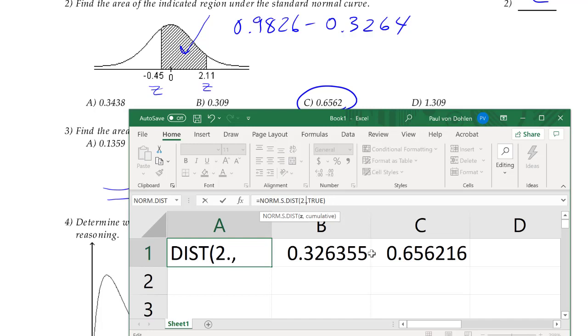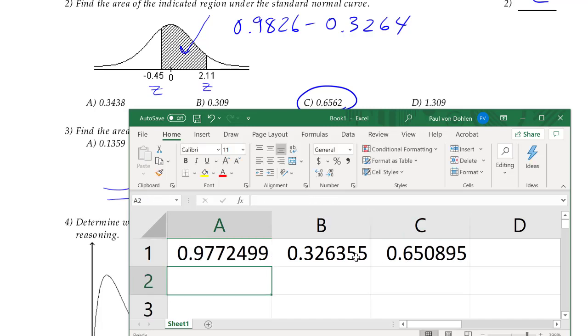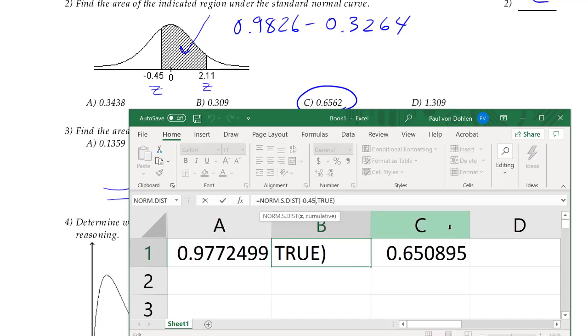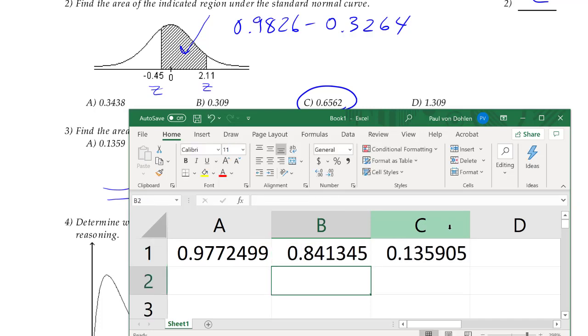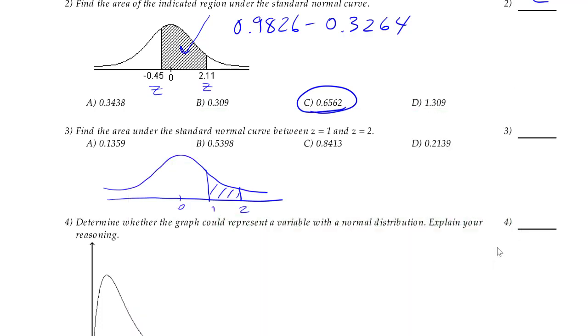The first one will be up to 2, the second one would be up to 1. And I should get that 0.1359 as a result. So this amounted to 0.9772 minus 0.8413, and that gives me A there.